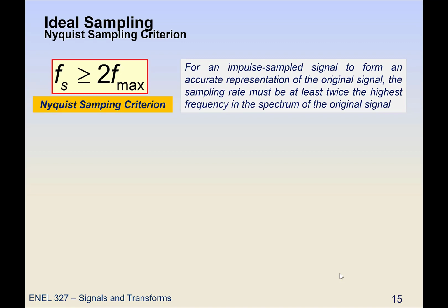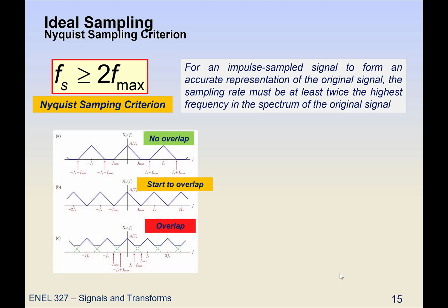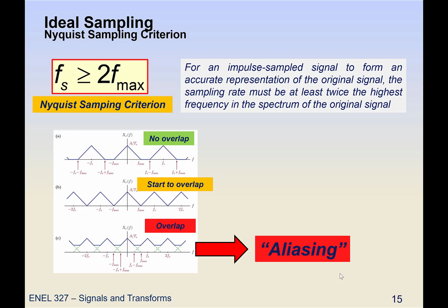So this is all depending on the idea that we have done ideal sampling. For an impulse sampled signal to form an accurate representation of the original signal, the sampling rate has to be at least twice the highest frequency in the spectrum of the original signal. Now, when you do not sample high enough, then we get this case down here, you get an overlap of the spectrum, and that is what is called aliasing.